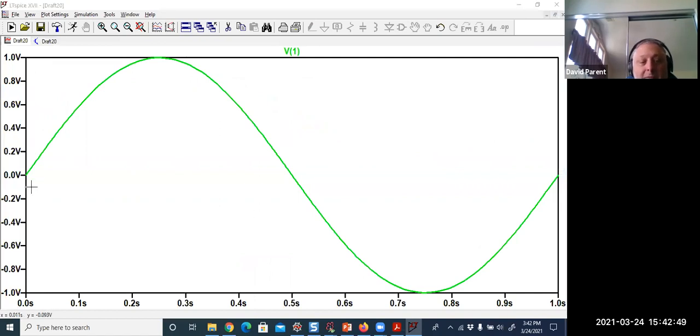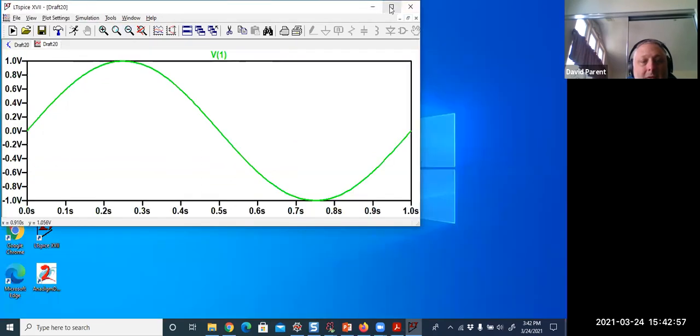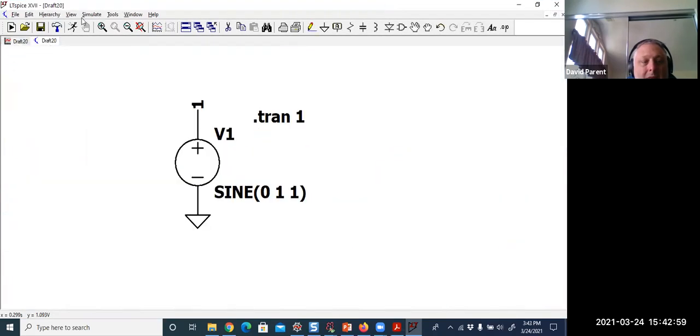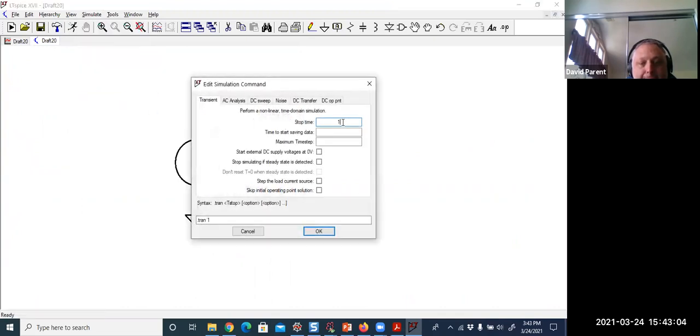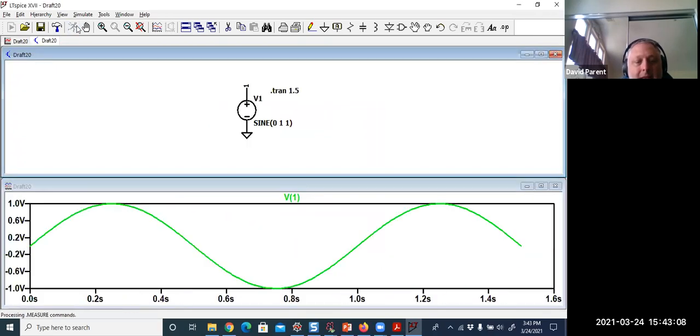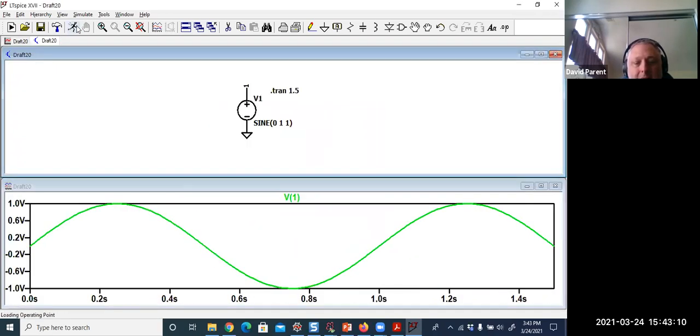You would know that that's the period and you would integrate from 0 to 1. But what if we told the tool to go for 1.5?